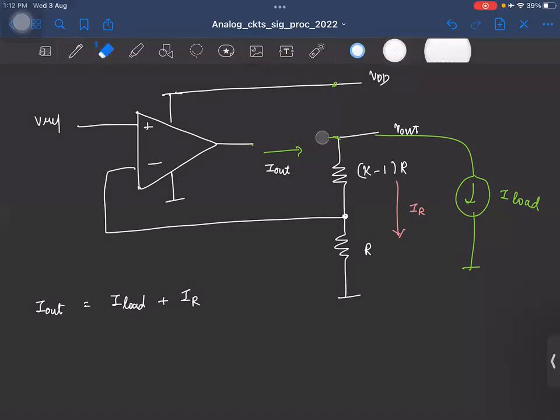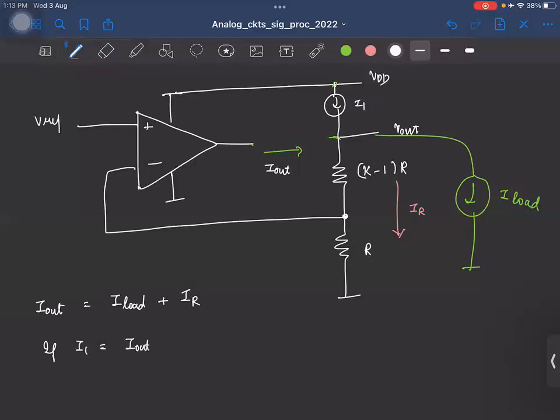In principle, if I have a current source of this value, if I call it I1, and I1 is equal to I out, then V out will be the value you wanted, right?